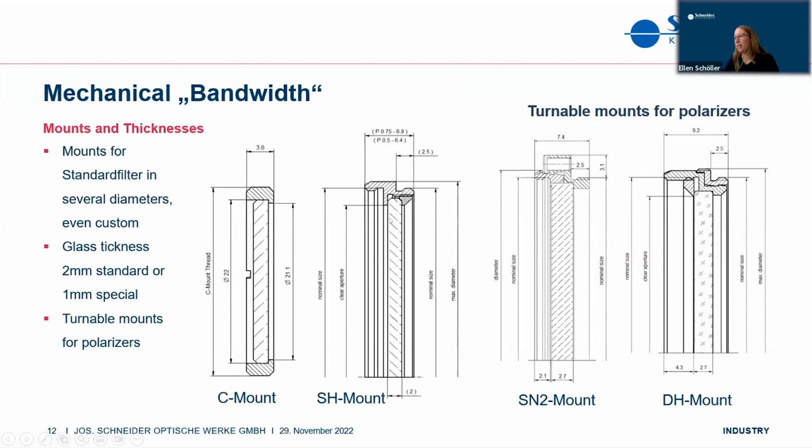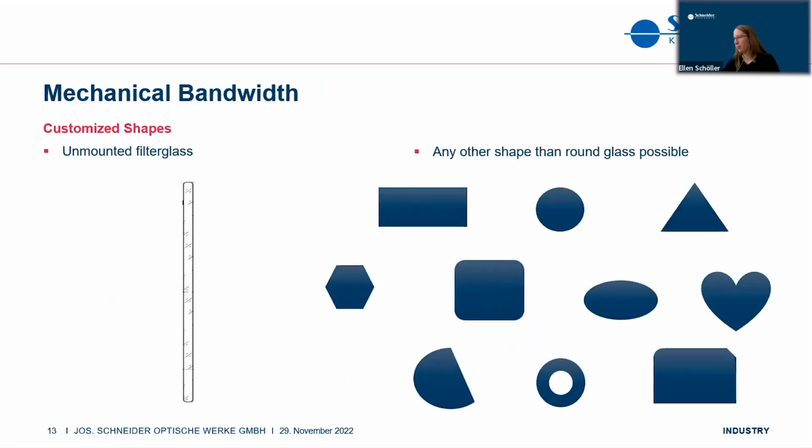Standard thickness of the glass is normally 2 millimeters, but there are some applications where it might be useful to only have 1 millimeter, which is more and more common. And when we talk about filter glass, of course, you can always get your filter as an unmounted filter glass, as I said, with 2 millimeters thickness or maybe 1 millimeter thickness.